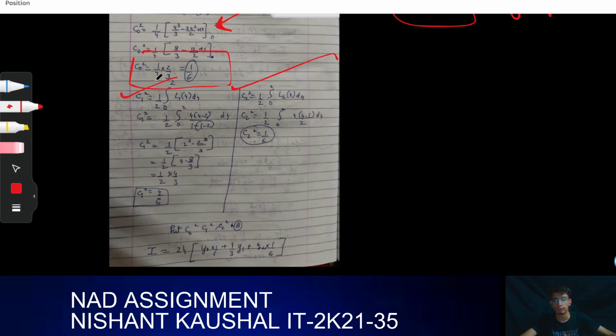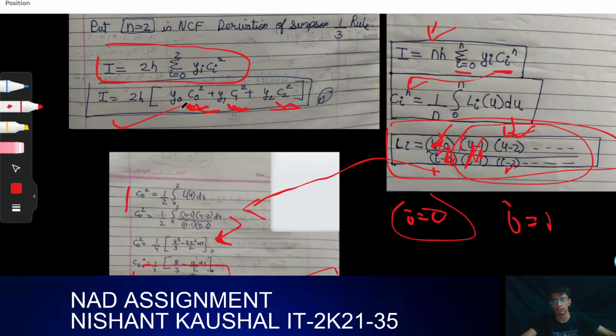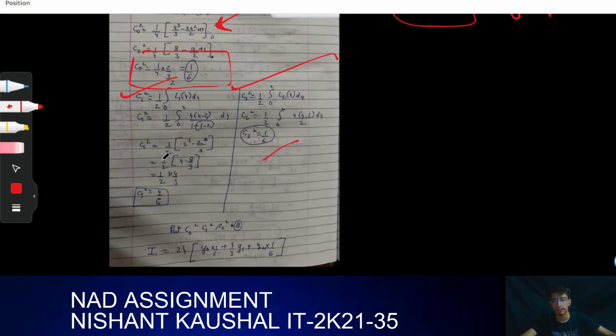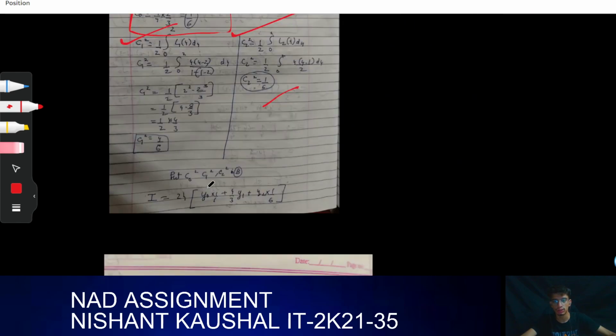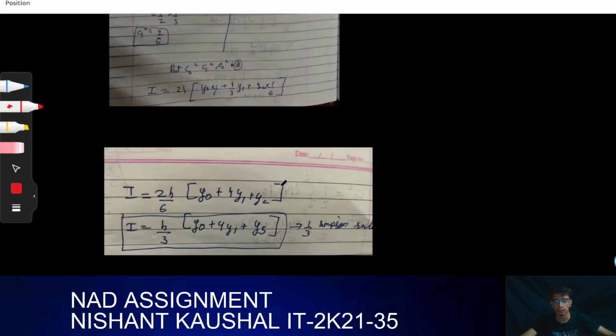When we find c0, c1 and c2, just put them in this equation and we will get our answer, that is I equals 2h times y0 into 1 by 6 plus 4 by 6 y1 plus y2 into 1 by 6. And on further solving, it comes to I equals h by 3 times (y0 plus 4 y1 plus y2). Okay, this is the derivation of Simpson's one-third rule.